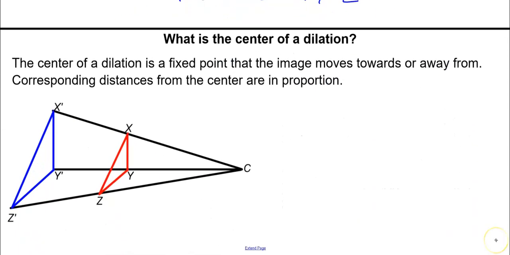Now the center of a dilation is going to be some fixed point. And we're going to move away from that point. So my corresponding distances are going to be in proportion.